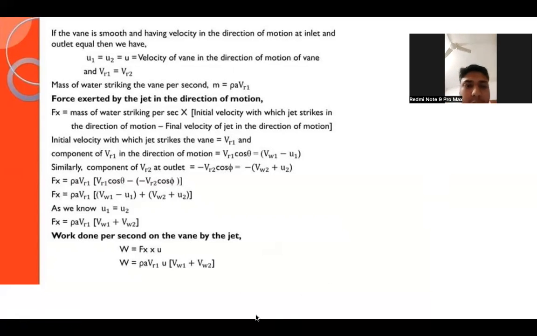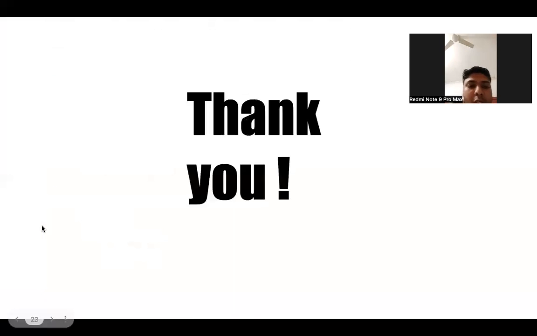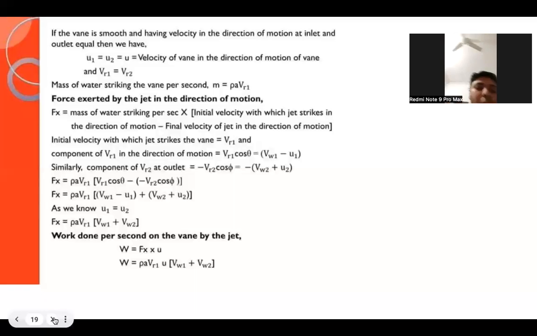Here vr1 is the initial velocity relative to the blade at the inlet. We have taken the initial velocity as vr1 cos theta, the tangential component of it, and vr2 cos phi, the tangential component of it as before. Work done is force into velocity, so we have taken the force and multiplied it by the velocity.